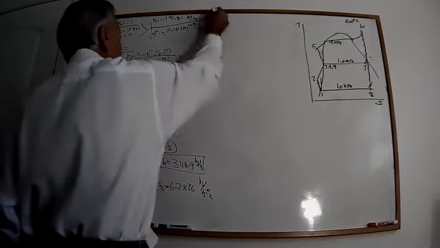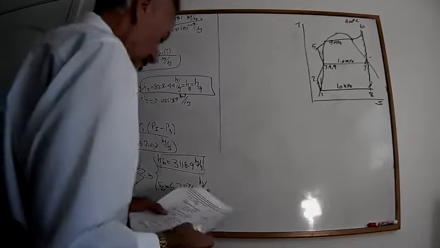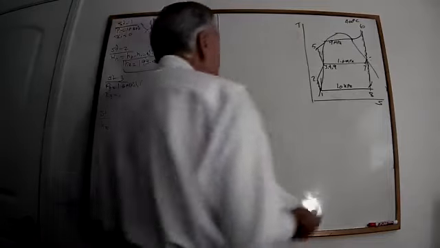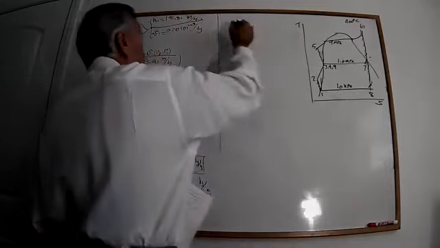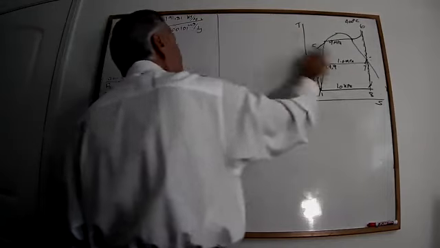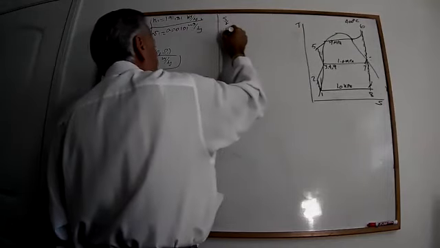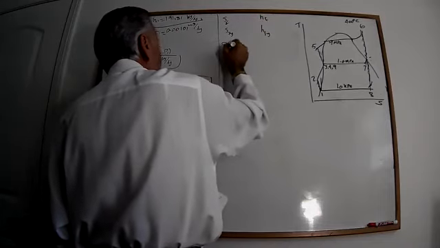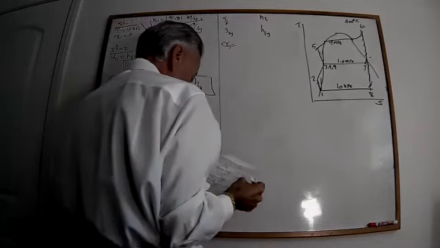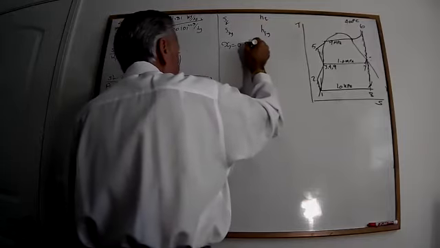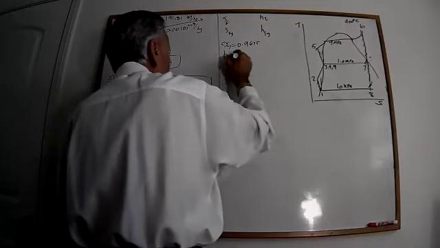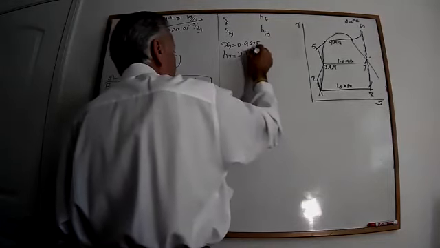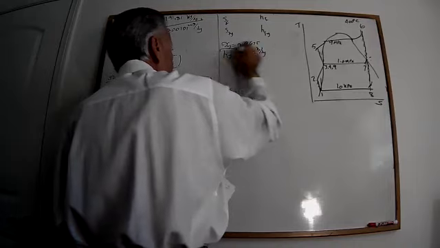So we have only 2 more points to calculate, state 7 and state 8. God, we're running out of time. If you go to the mixture, find S of F, S of FG, H of F, H of FG, you find the value of X7 to be 0.9675, and H7 therefore would be 2730 kilojoule per kilogram.